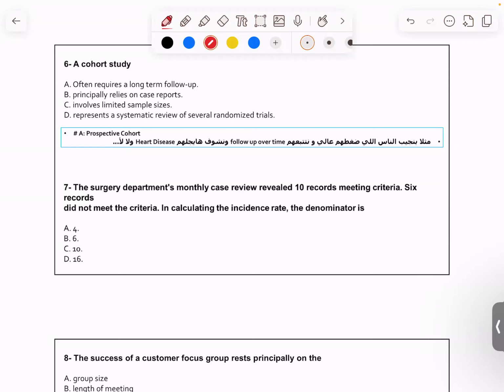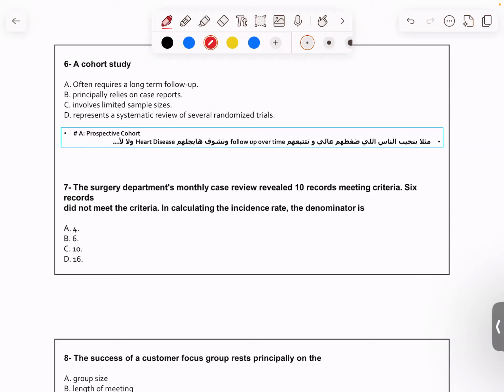When we say case control study, it starts with the disease, the outcome, and looks backward to find causes. I hope you still remember my example before, looking at lung cancer patients and investigating whether they smoked or not. What about the cohort study? It starts with exposure and follows participants over time.